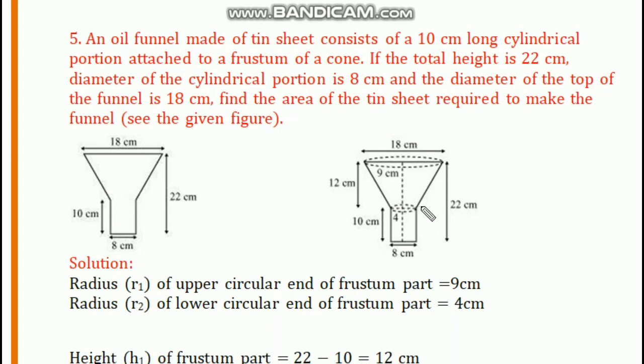Actually, here we need to find the area of the tin sheet. That means we need to find the curved surface area. To find the curved surface area, we must know the slant height of the frustum, because the radius and height of the cylinder we already know.